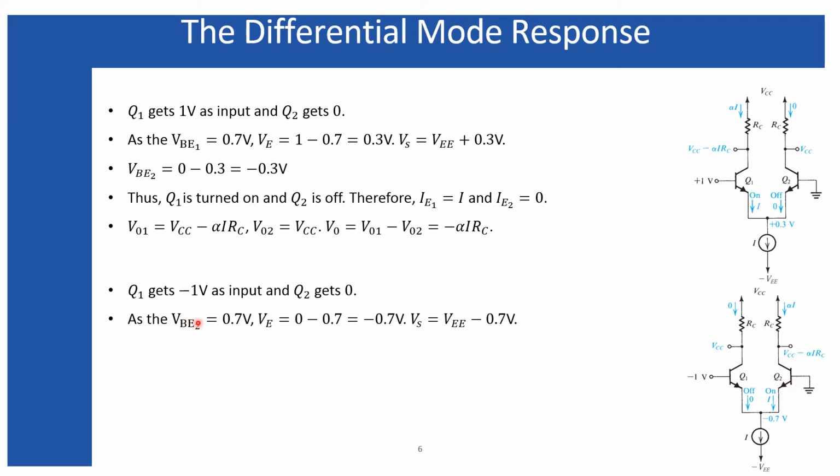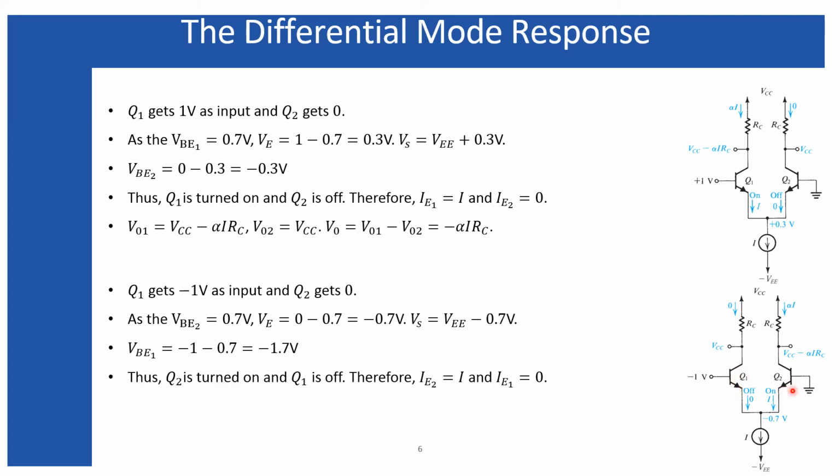So the base to emitter voltage of Q2 is 0.7 volt, and the emitter voltage is 0 minus 0.7, which is minus 0.7 volt, and the voltage across the current source is VEE minus 0.7 volt. VB1, on the other hand, has minus 1.7 volt as the base emitter voltage. So definitely Q1 is turned off and Q2 is turned on.